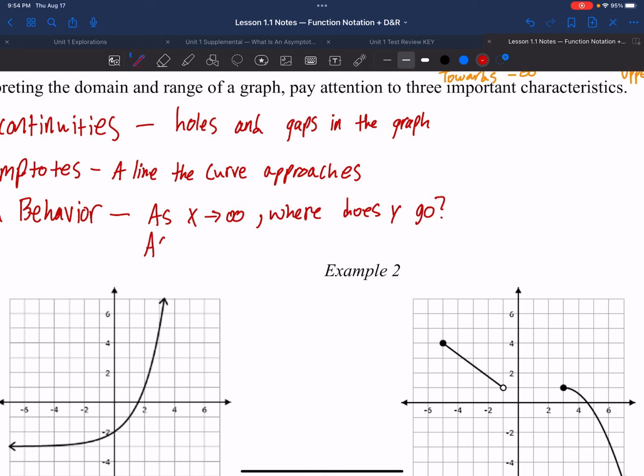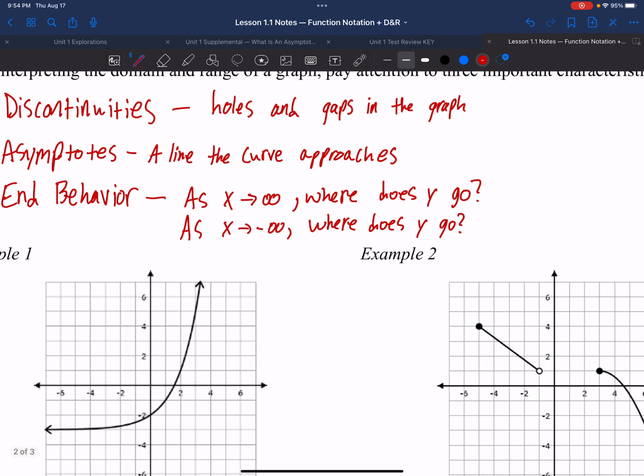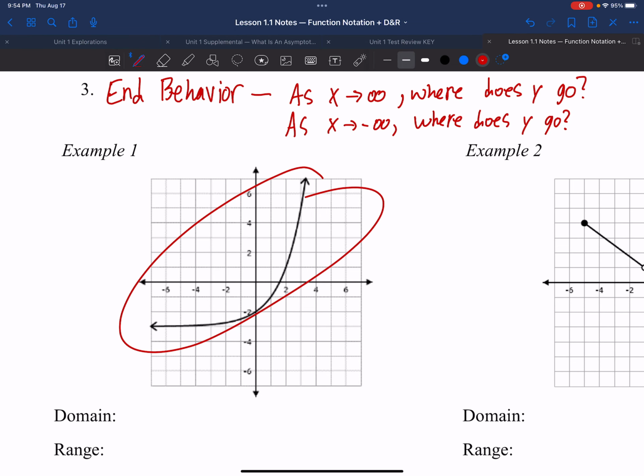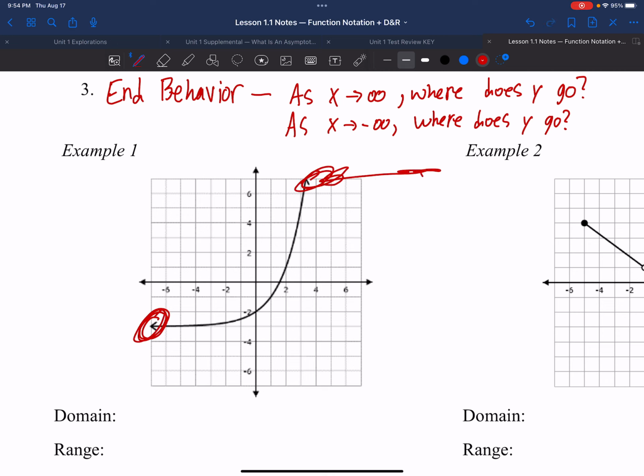And then the same idea is if x goes to negative infinity, where does y go? And that's pretty much what end behavior means. Okay? So you're looking at the ends of the graph. If I'm looking at this graph right here, the end behavior is what's going on out here and what's going on way out here as I go off to the right. Yeah? That's end behavior.